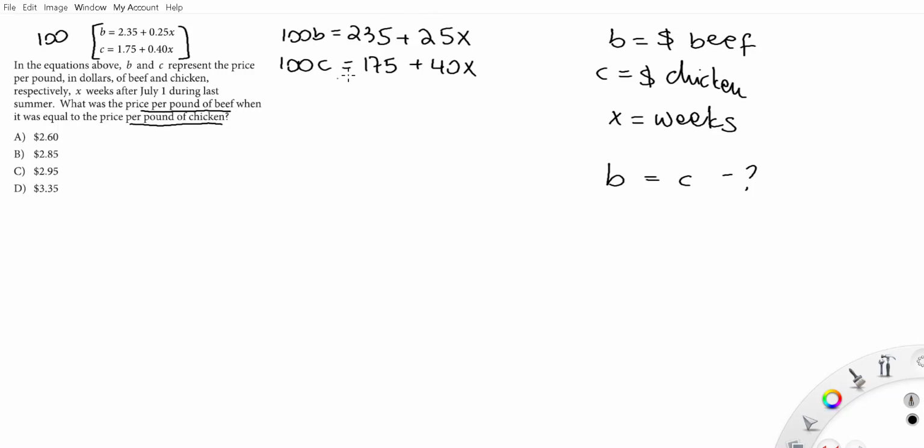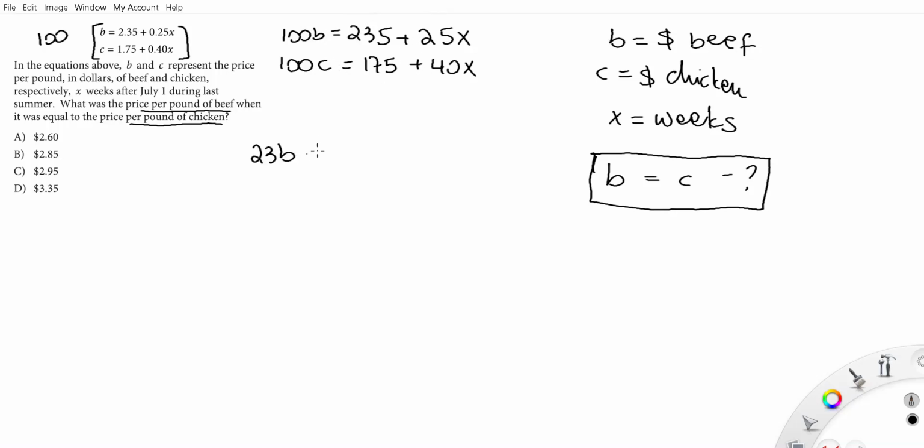So now I have these nice whole numbers that will make it much easier for me to add and subtract quickly. And so like I said, we have to find what is the value of B when it is equal to C. Before we can do that, we have to find x. And because we are finding the value of these when B is equal to C, I can just set these two equations equal to each other, right?